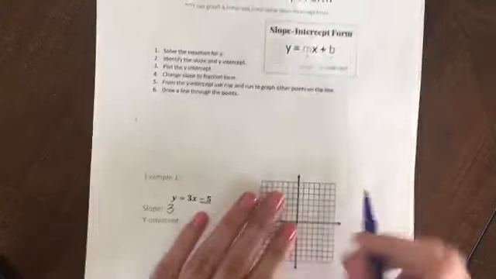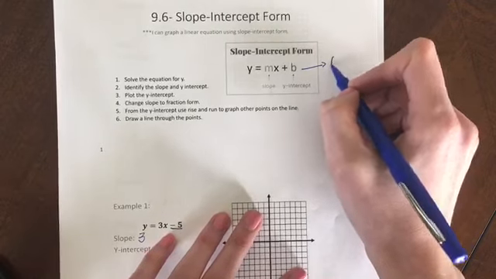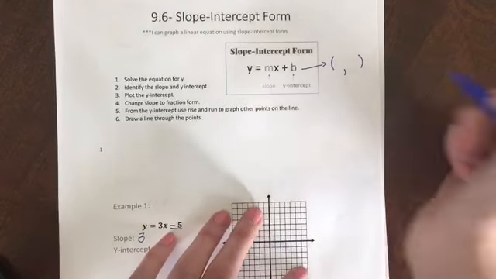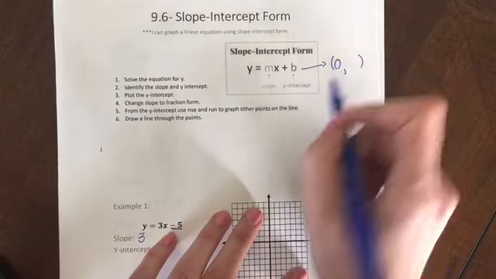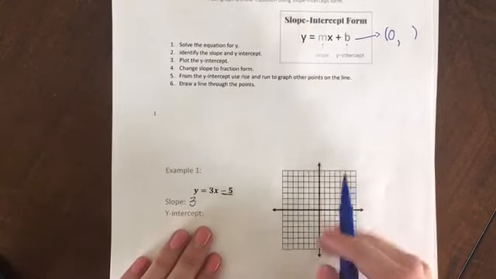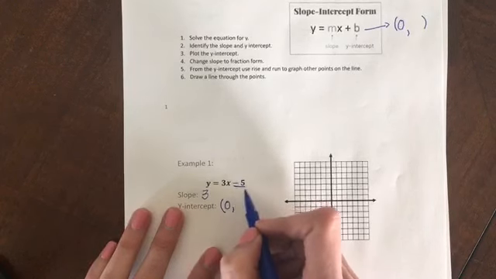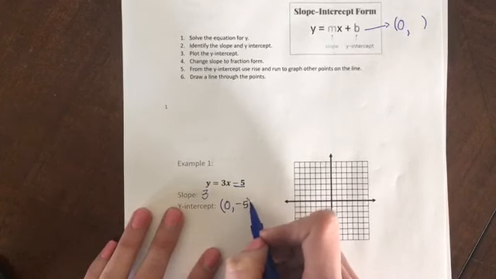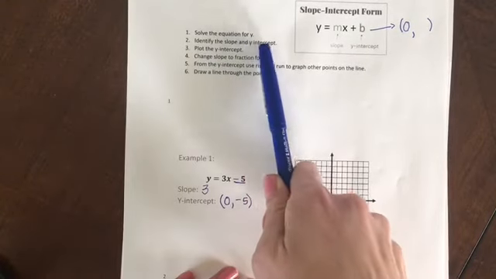Now, quickly, in a y-intercept, we know one of the values is 0, and in a y-intercept, it is the x, right? So when we look down here, the y-intercept x is 0, that means that the y is -5. So we have this point. Okay, so that's step 2: identify the slope and the y-intercept.